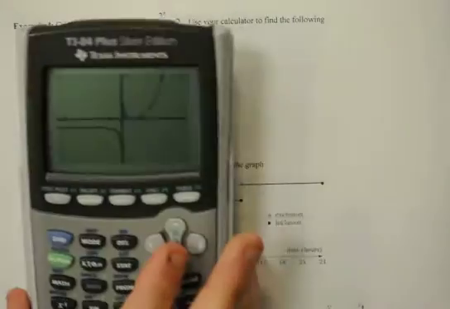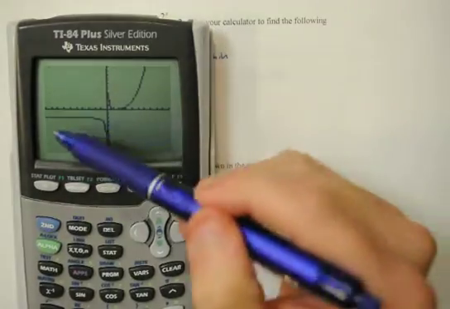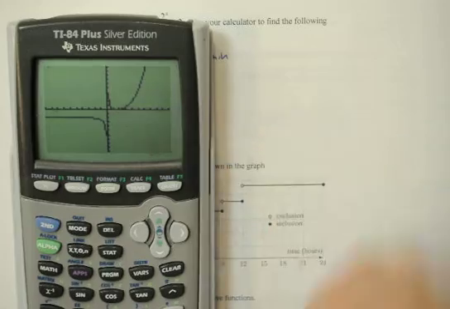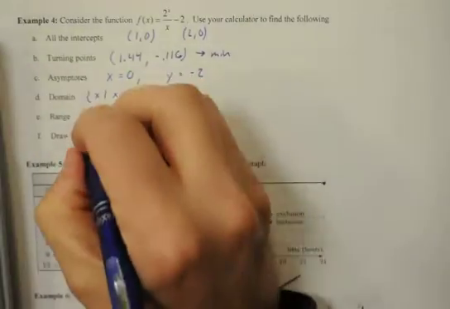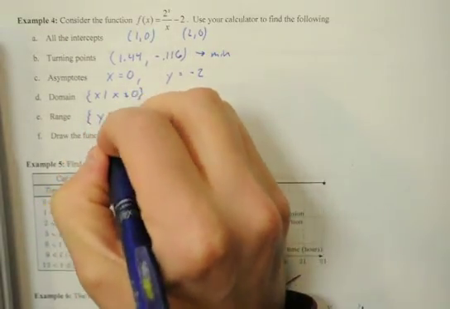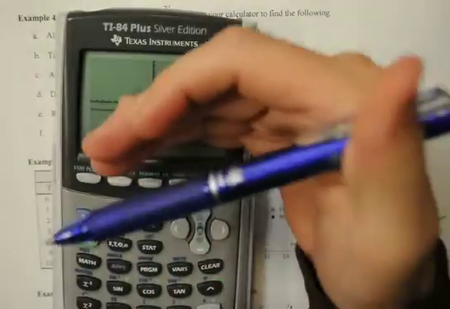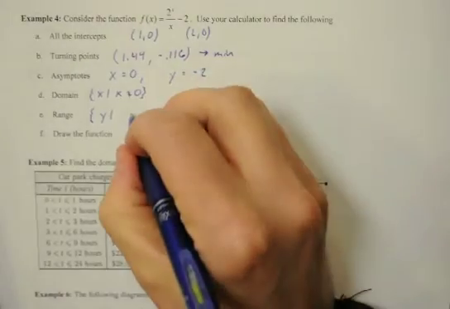Looks like the range is a little bit more funky. The range skips over from negative 2 up to 0 up to this value here. So the range can be less than negative 2.